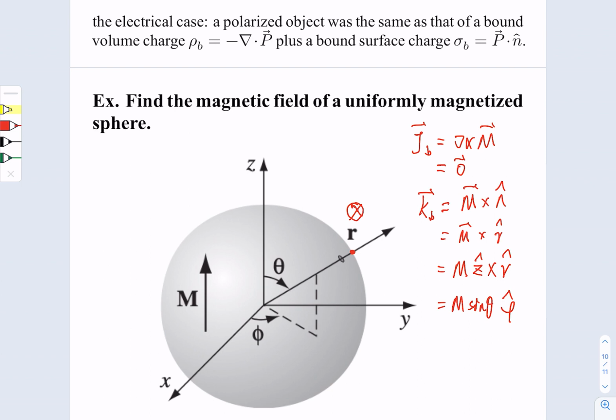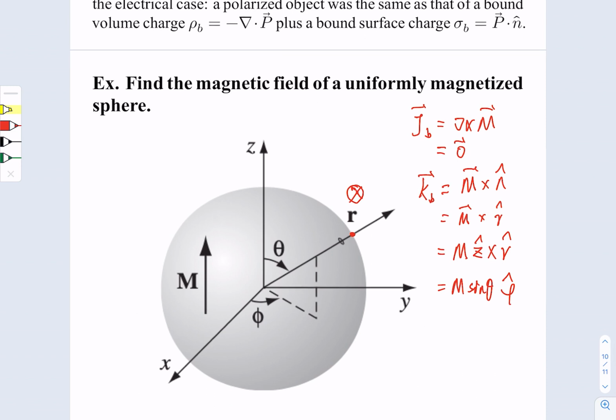Now here comes actually the interesting part. We've calculated the surface current of this uniformly magnetized sphere, and it produced a surface current along the azimuthal direction.